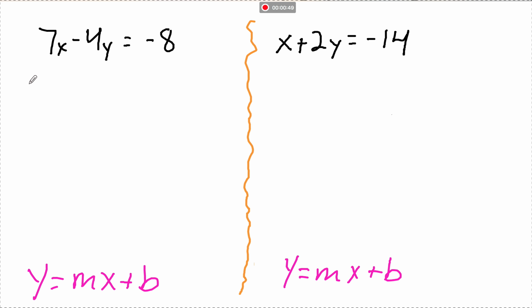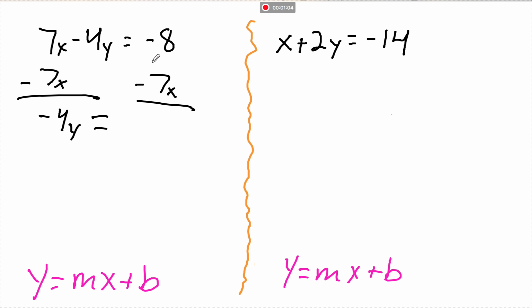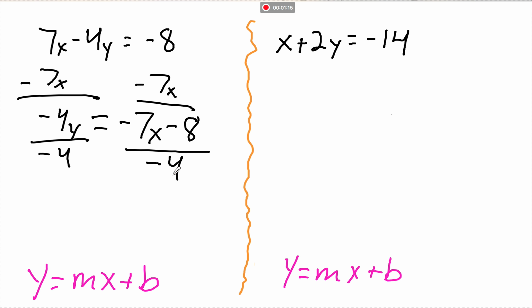First one, we have to subtract 7x from both sides. That's negative 4y, because these 7x's cancel out, equals negative 7x minus 8. These aren't like terms, so you just bring it down. Divide both sides by negative 4 to isolate the y.